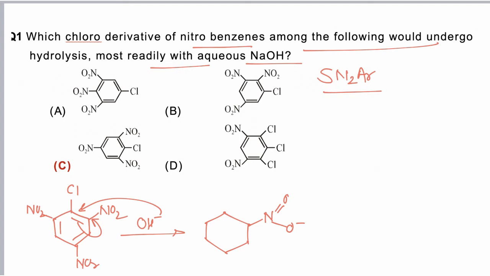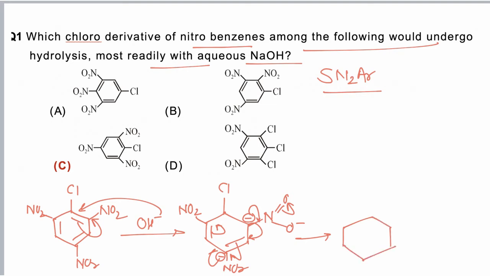Now this negative charge is stabilized by the electron withdrawing behavior of the NO2 group via resonance. The negative charge further takes part in resonance with the double bond and appears on the carbon from which NO2 is attached, and is further stabilized by the electron withdrawing behavior of the NO2 group.